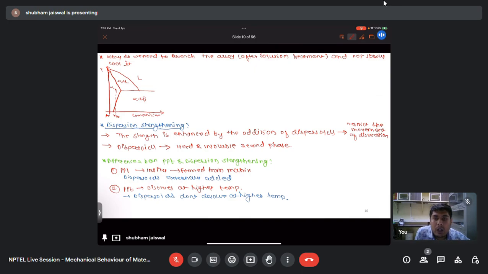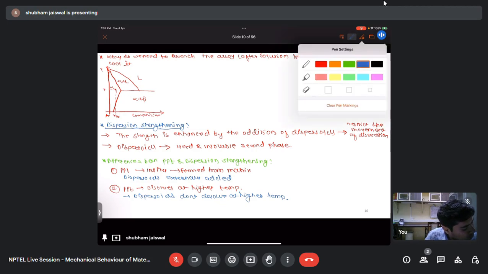So what will happen at a higher temperature? At a higher temperature, the thermal kinetics will be higher, so the B atoms will get sufficient time to come out of the alpha matrix, and they will try to precipitate out on the grain boundaries. Let me show you for better understanding.